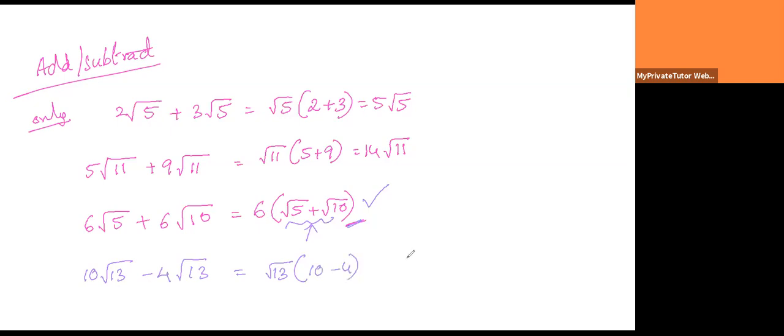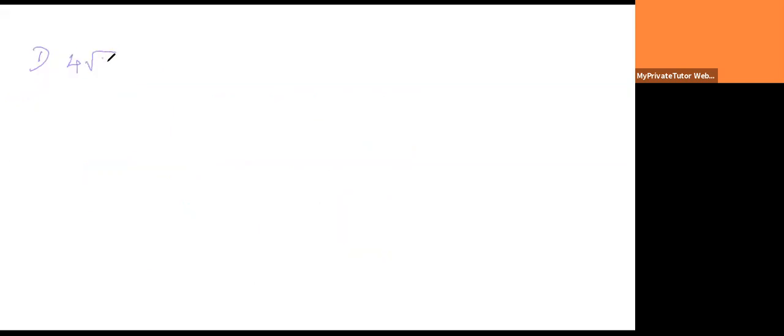So the answer is 6 square root 13. So if we have a common square root term, we can add and subtract. So this is how we need to add or subtract. Let's try some other questions. Just a moment.